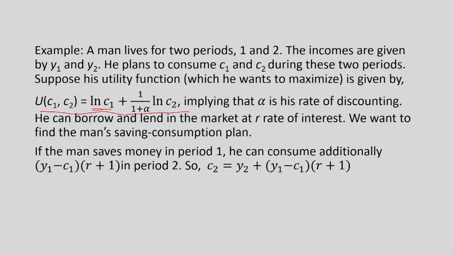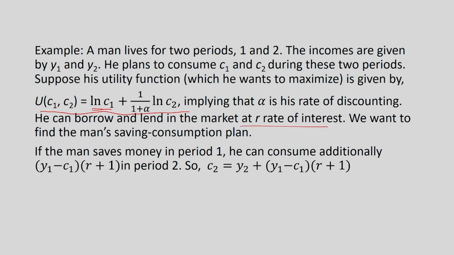So, his rate of discounting is given by alpha, which is why he is multiplying the log of C2 with 1 divided by 1 plus alpha. The idea of discounting we have talked about before, so I am not going to spend time on that. He can borrow and lend at the rate of interest R in the market.